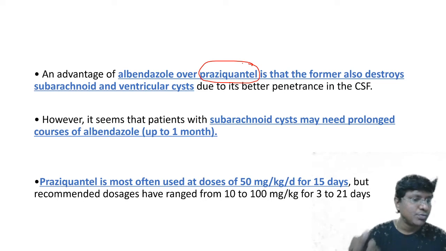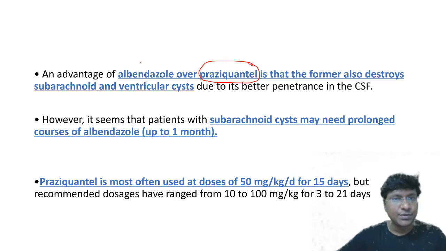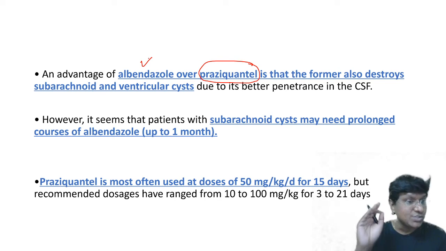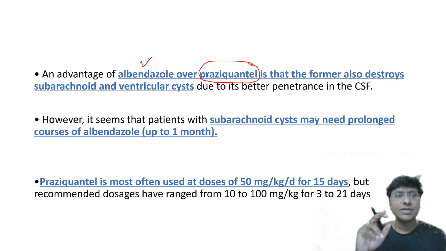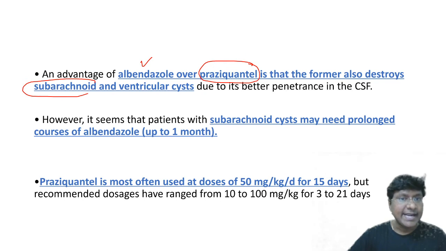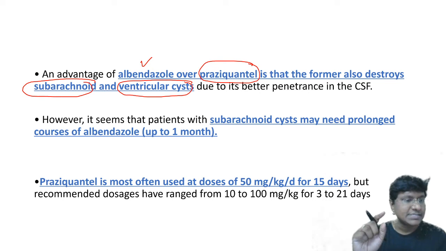But what do we use more? Preferably we use albendazole, and there is a reason for that. Albendazole will destroy the subarachnoid as well as the ventricular cysts. Subarachnoid and ventricular cysts cannot be destroyed by praziquantel, and that is the reason why we give albendazole.